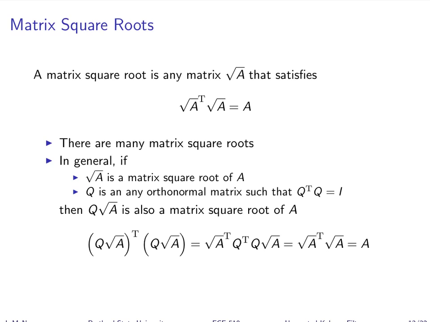One way of thinking of an orthonormal matrix is that it doesn't change the size of a matrix or vector that it's multiplied by, so you can think of this as almost a rotation. So you could do almost any random rotation of the square root of a matrix, and it's also a square root. So there's more than one. There's an infinite number of square roots of any given matrix. You can use any of them.